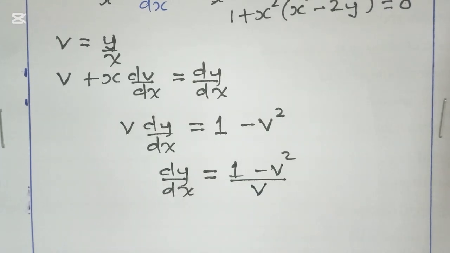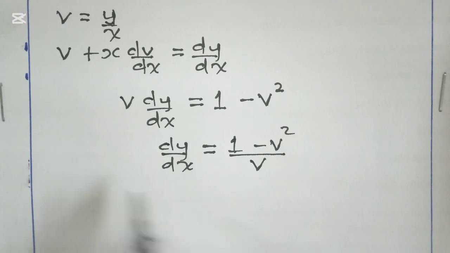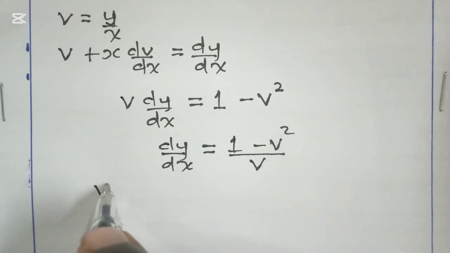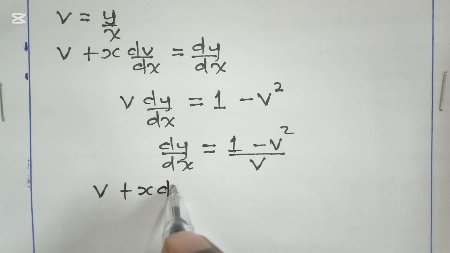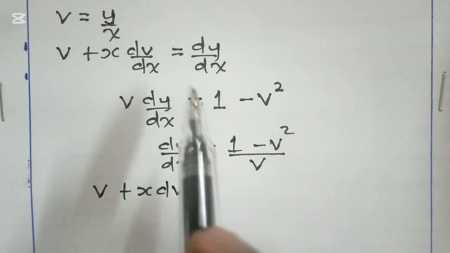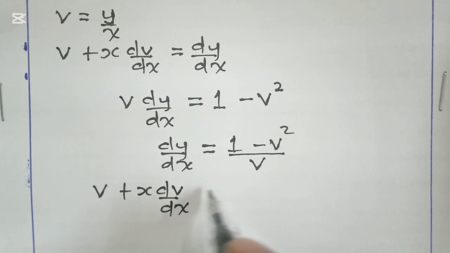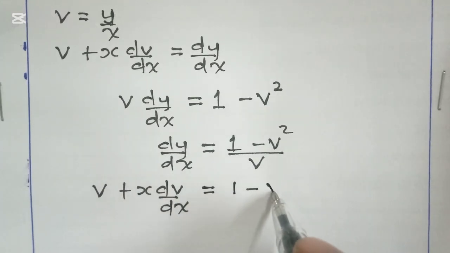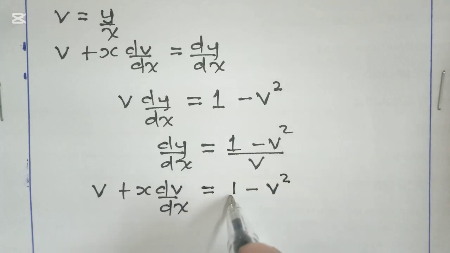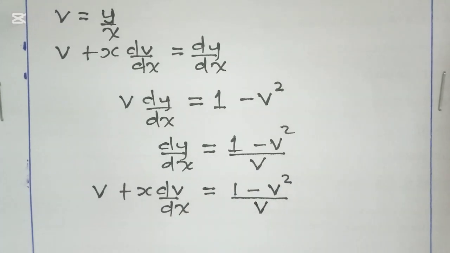And then now I can substitute for dy dx, and this is going to be v plus x dv dx. This one now gives us 1 minus v squared all over v, like that.